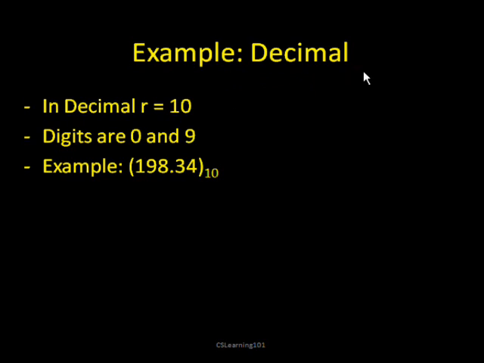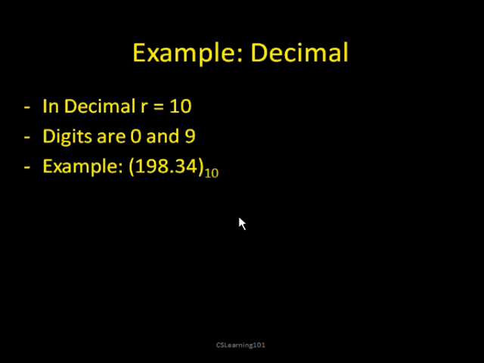Now here we have a decimal number that we are going to try in base 10. Our example here is 198.34. In decimal, there are 10 different digits we can use from 0 to 9, and this is the way that most people are familiar with.